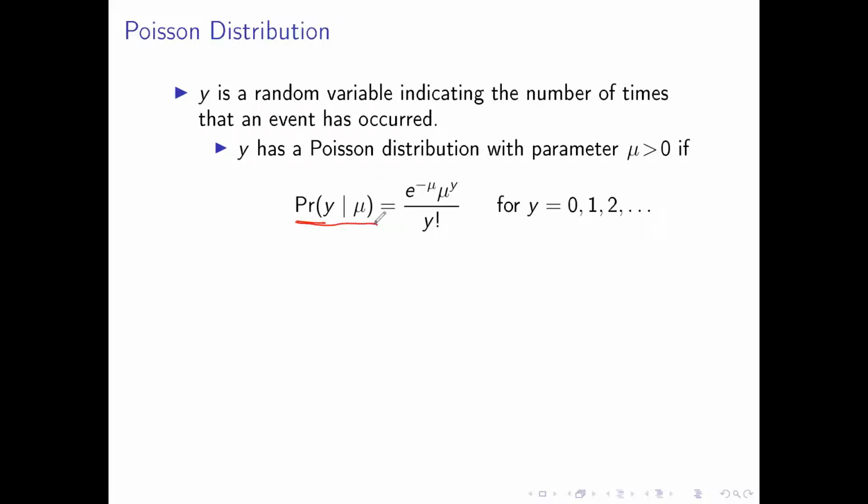So this is the probability for count response Y equal to a certain number. And this is the parameter mu. Given the parameter, how to calculate the probability?